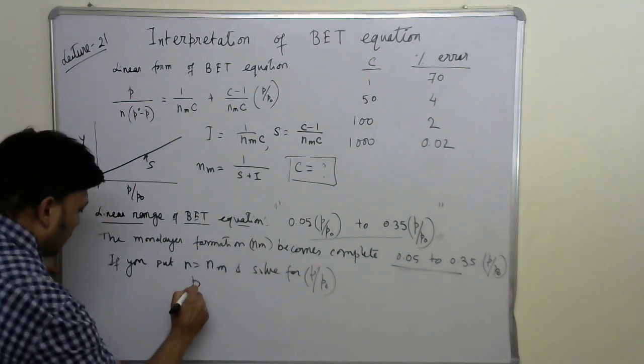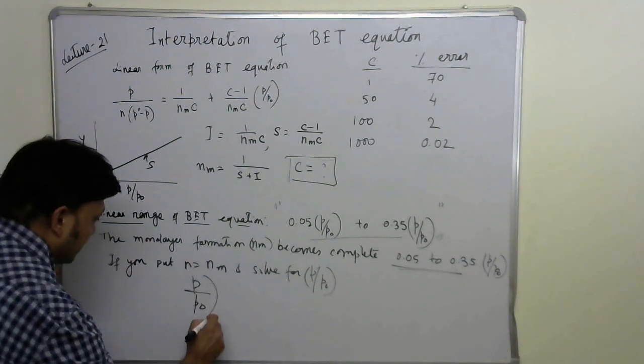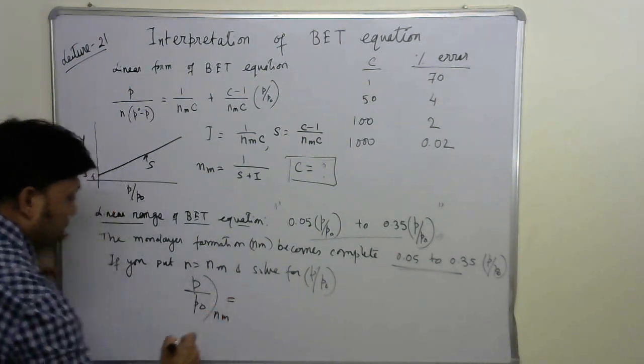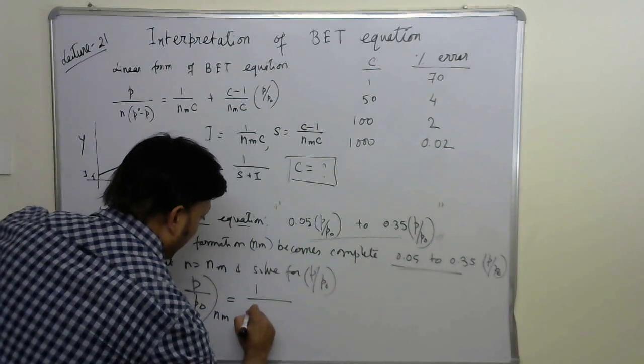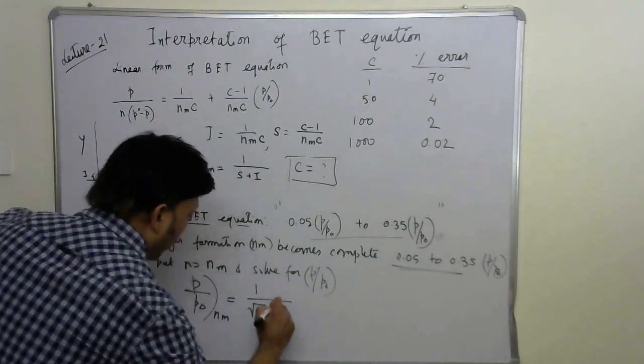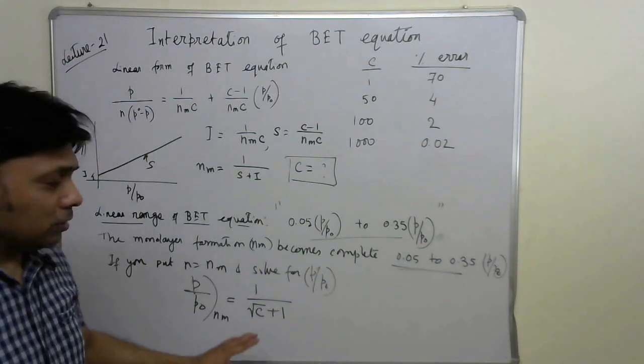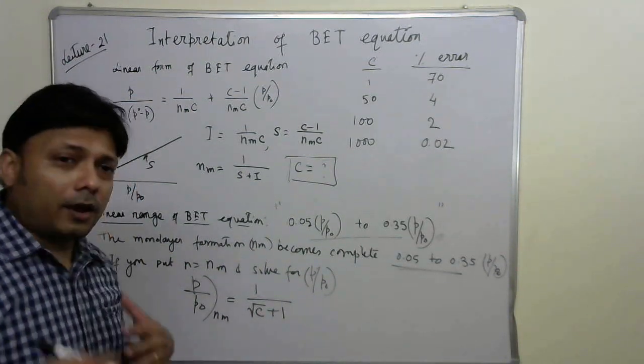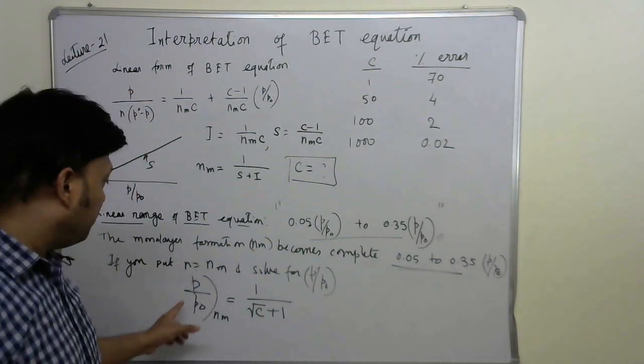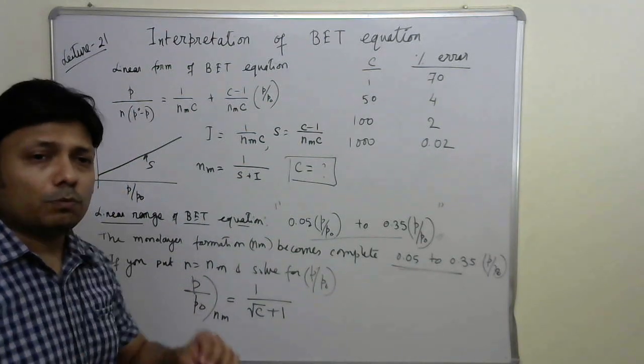If you solve it, you would arrive at an equation something like this: 1 over root C plus 1. Now here you see, the higher the value of C, the lower the P by P0 value at nm would be.